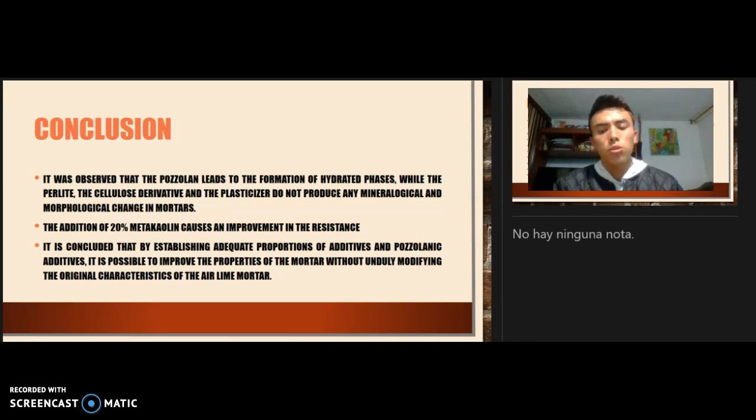It also concludes that the addition of 20% metakaolin causes an improvement in the resistance. And finally, it concludes that by establishing adequate proportions of additives and pozzolanic additives, it is possible to improve the properties of the mortar without unduly modifying the original characteristics of the old-time mortar.